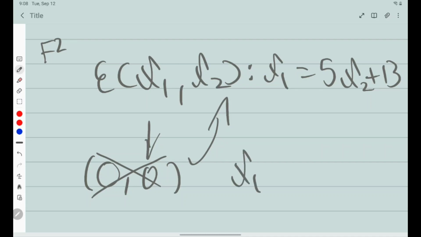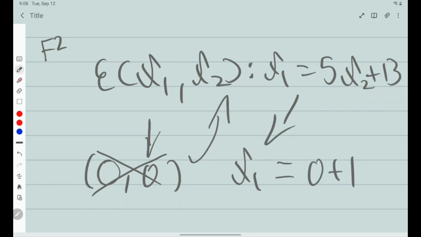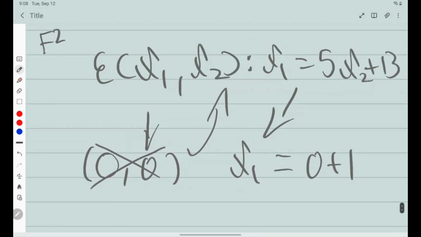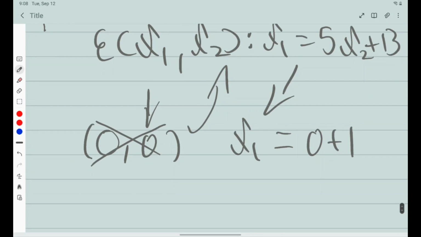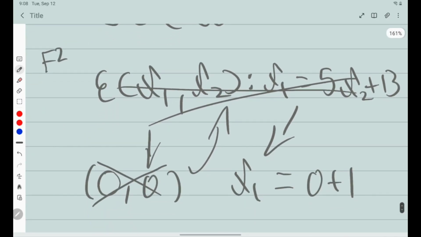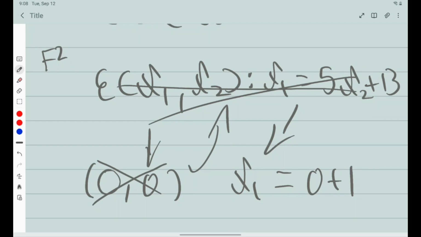Then our first element would have to be 0 plus 1, which means we'd have this vector, if anything at all, and we could not have our identity vector. We have restricted the space we occupy in this subset such that there's no identity vector. So this is a subset, but it is not a subspace of F2.